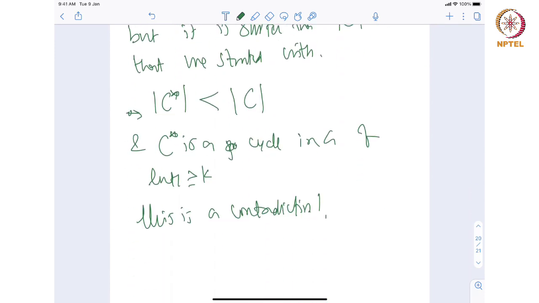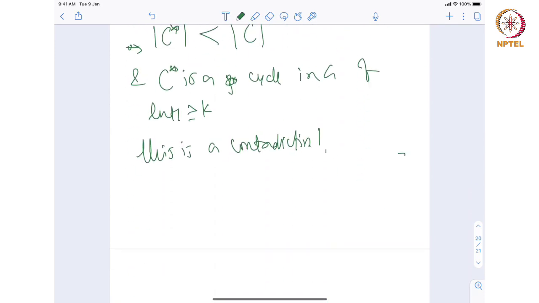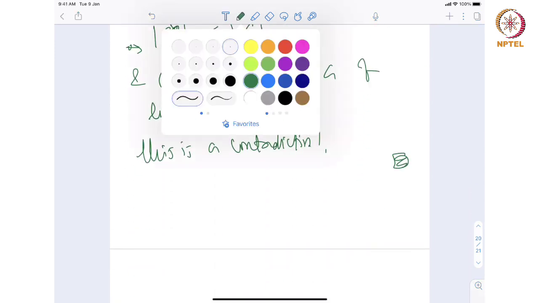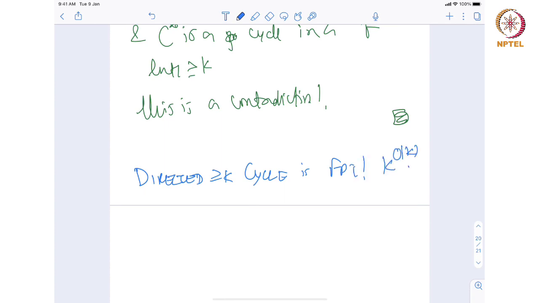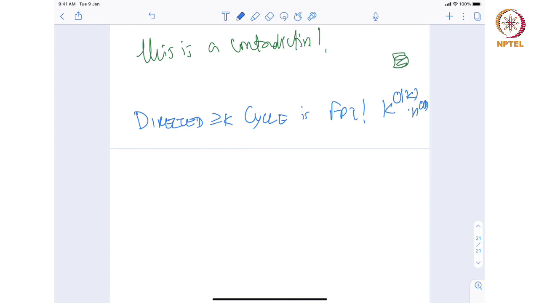What we have shown is that directed k-cycle is FPT. In fact, we gave a k to the power big-O of k, n to the power big-O of 1 time algorithm, and there is a much faster c to the power k, n to the power big-O of 1 time algorithm.